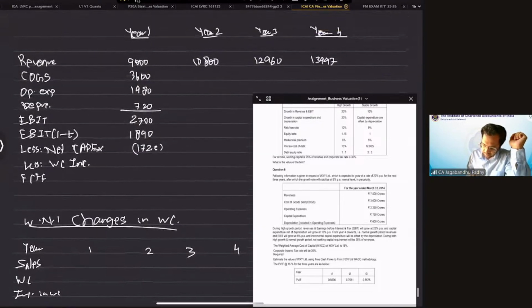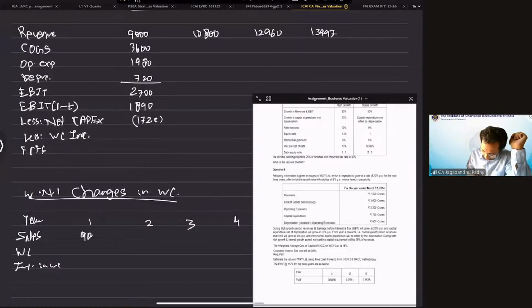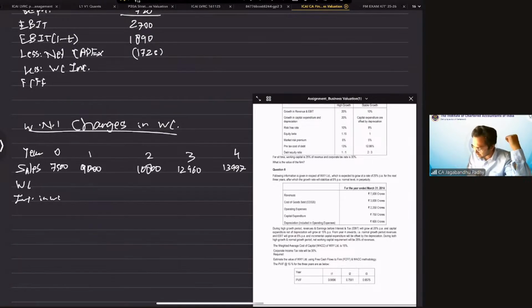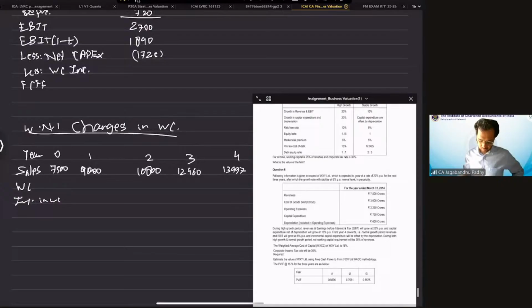The sales figures are 9,000, 10,800, 12,960, 13,997. Working capital is going to be 25% of this. We need year 0 also, by the way: 7,500. On that, 25% is the working capital. So 7,500 into 25%.